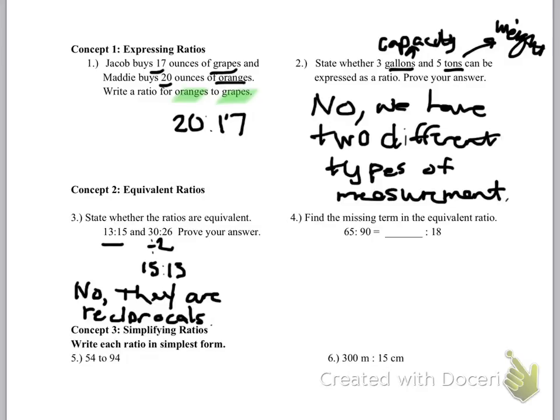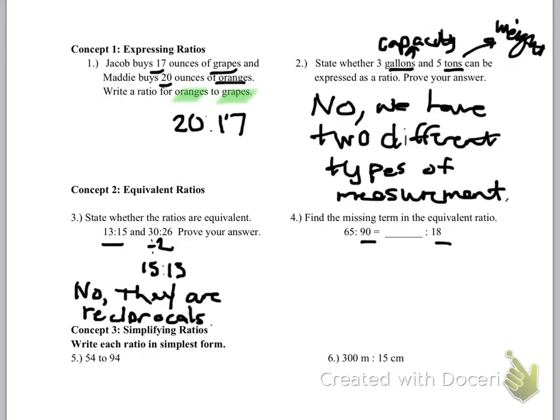The next one, 65 to 90, and it's equal to what to 18? So on this one, we're finding the missing term. I can look at my second term, which is listed in both, and figure out, okay, do I know how to go from 90 to 18. Remember, you get to use a calculator, so the first thing that I would do is check and see if I can take 90 divided by 18.